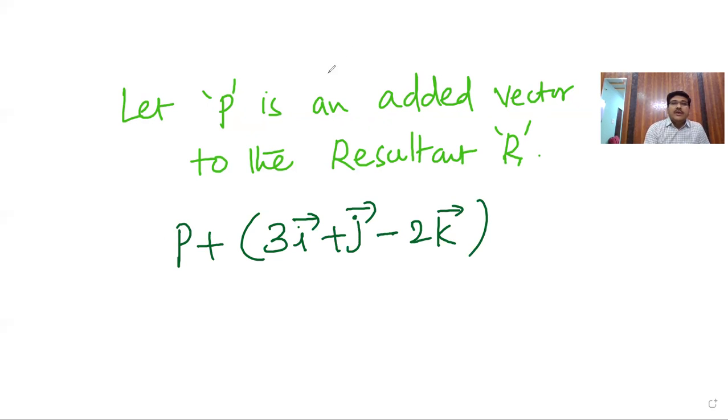So a vector P is added. And if I add this vector, what is the outcome he wants?